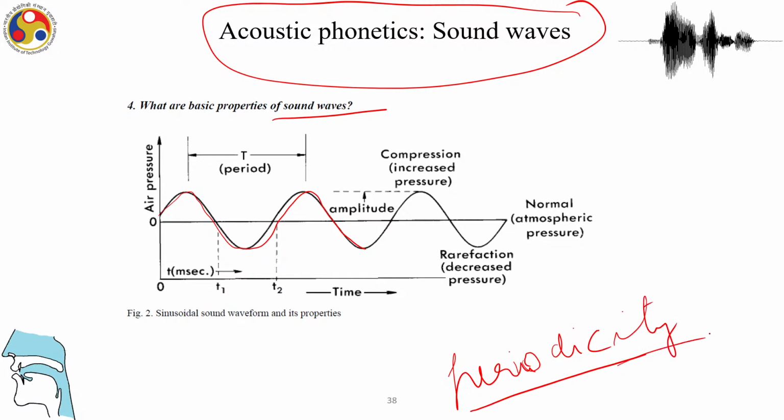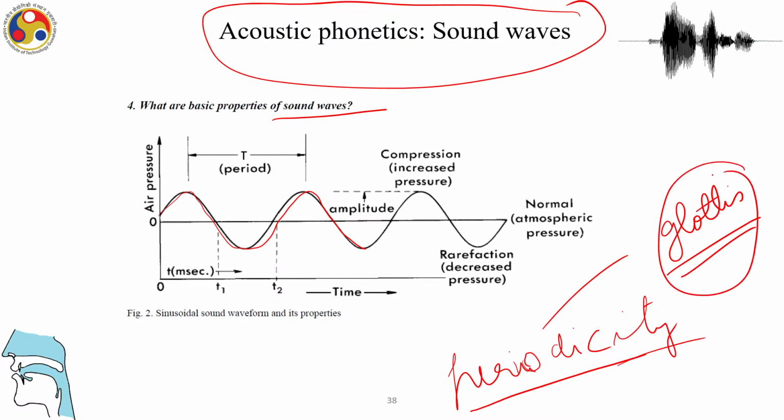Now, what is the source of this periodicity? The source is the glottis, which is so important for studying sounds. The glottis produces the repeated vibration and the periodicity, and these equal cycles per second, which give us the period, are the basis of understanding sound waves.